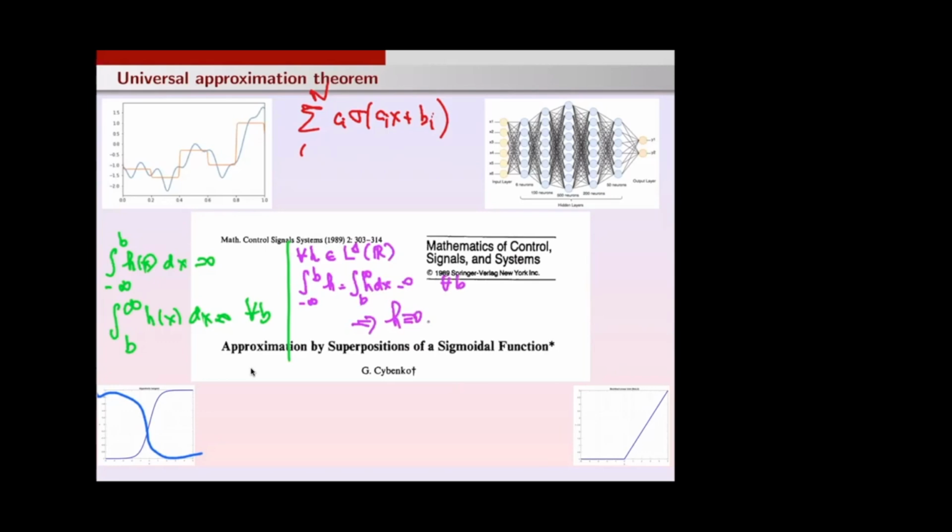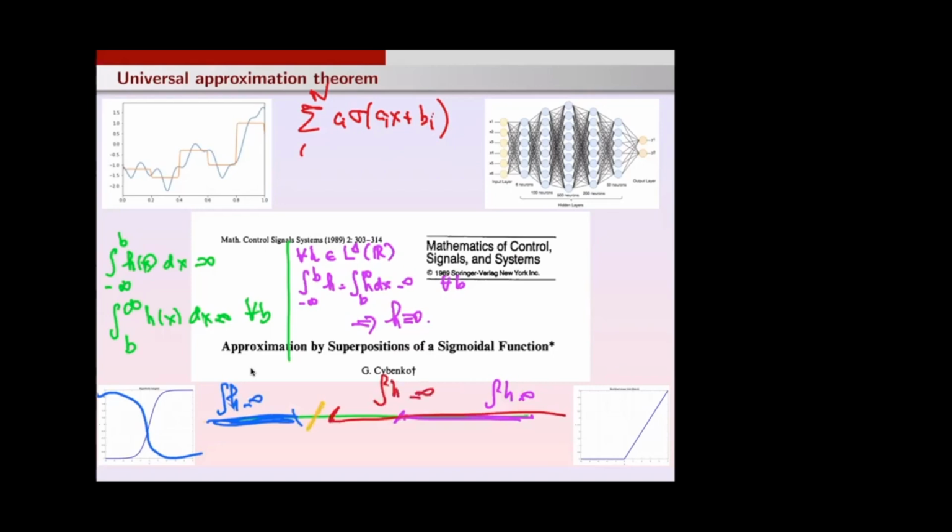So graphically it means on the real line, the information I give you about the function is that whenever you choose the half line, this one, then the integral here is 0. Now you choose a different half line like this one, and then the integral of h here is 0. Now you take a different half line, this one, and the integral of h is 0 as well.